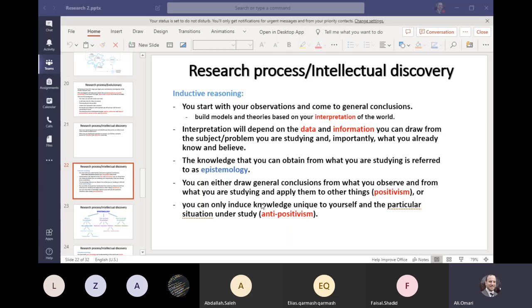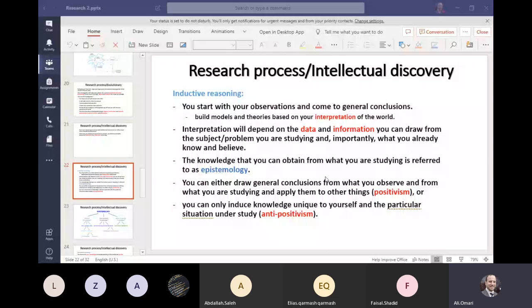Meaning there is something already defined and you have your opinion. Using epistemology to define justification. Not gonna take a lot of time, but it's good to know there is, in psychology, something called epistemology, where you can either draw a general conclusion from what you observe and what you are studying, or you can only induce knowledge, meaning add knowledge to yourself, unique to yourself, and that's what we also call positivism and anti-positivism.